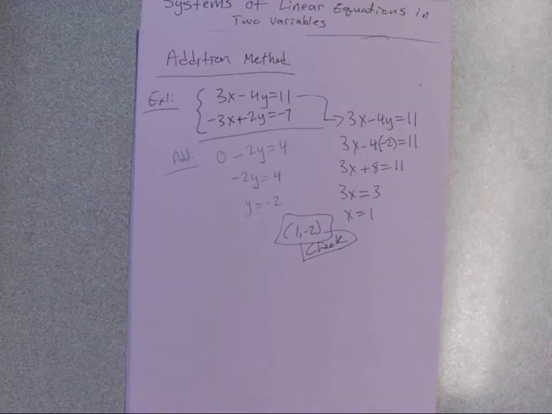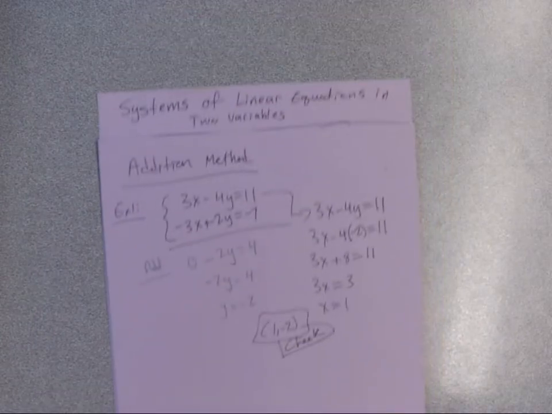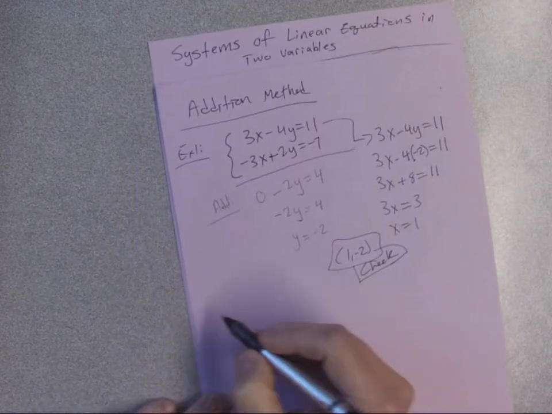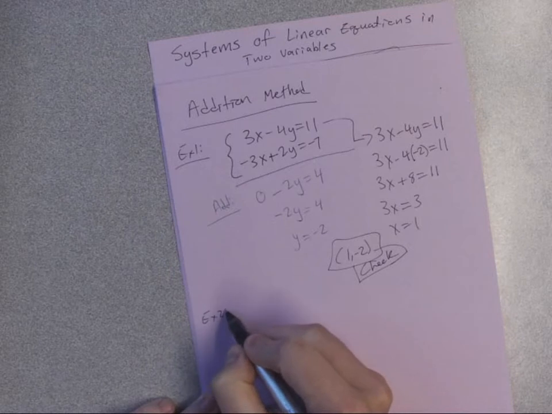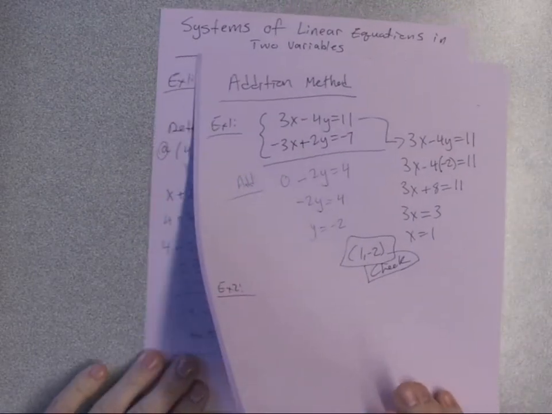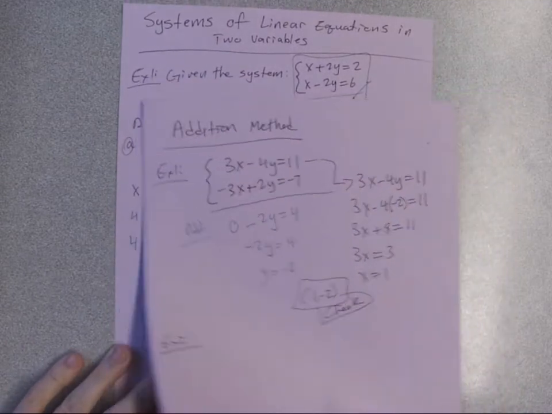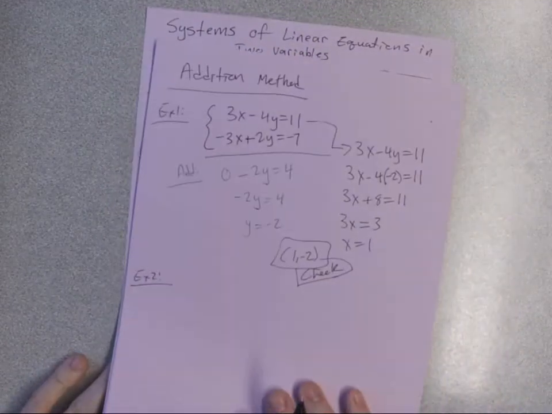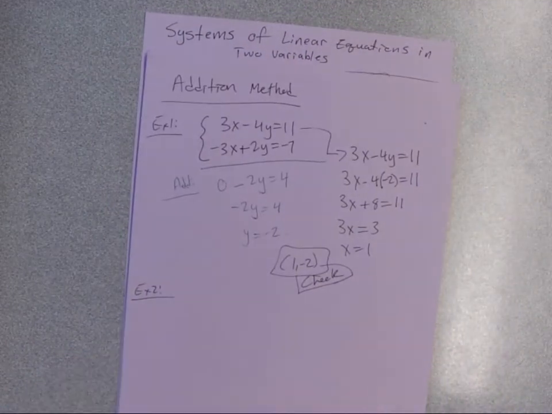Now I want to show you another example using the addition method. I don't want to use the same system we used before. I want to use this system here.